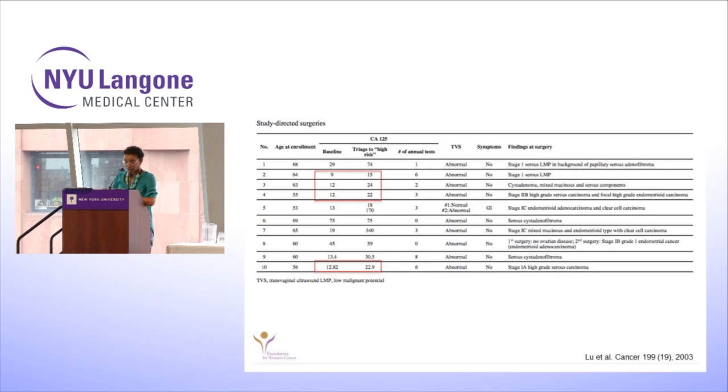And many of them had technically normal CA125s when the algorithm triggered and decided that they needed to be followed closer.